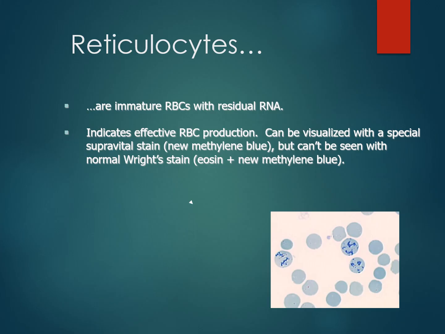We can see the polychromasia with just the usual Wright stain, but we can't see the actual RNA aggregates present without that new methylene blue. Okay, so with Wright stain, it appears as polychromasia. With the new methylene blue, we can actually see these RNA aggregates that are apparent in the picture, and that can be definitively counted as a reticulocyte.